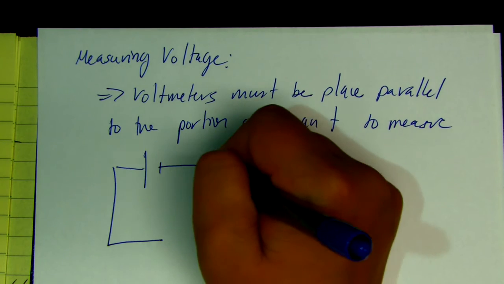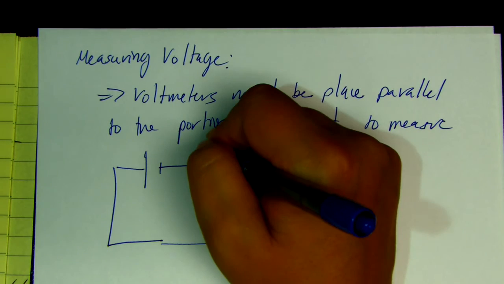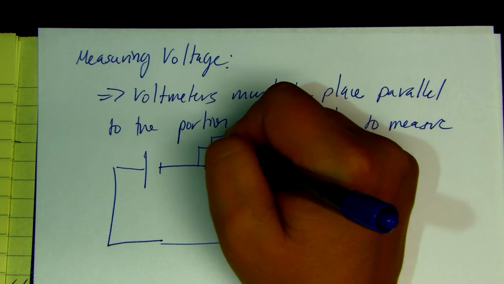So if you're measuring the voltage across a resistor, you would place it in like so.